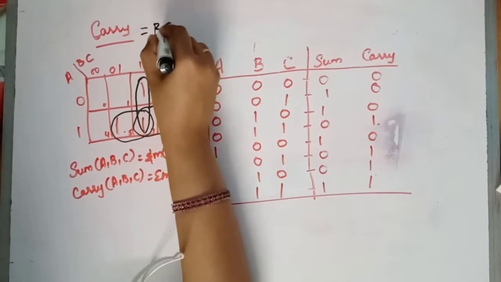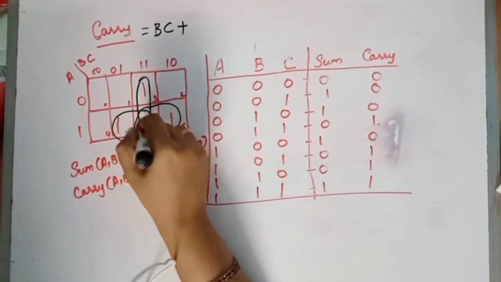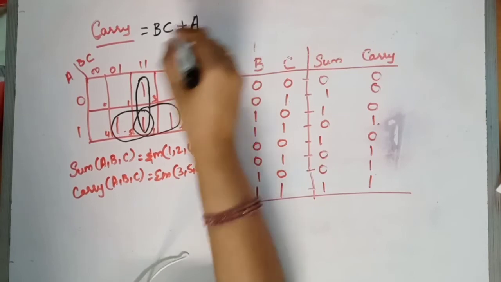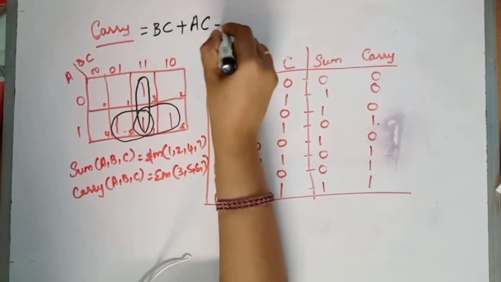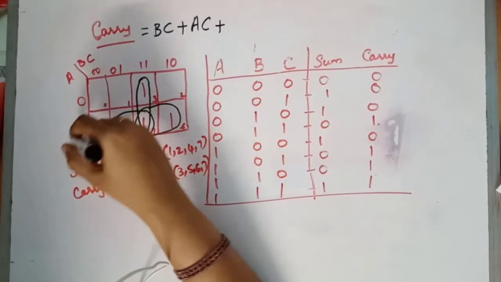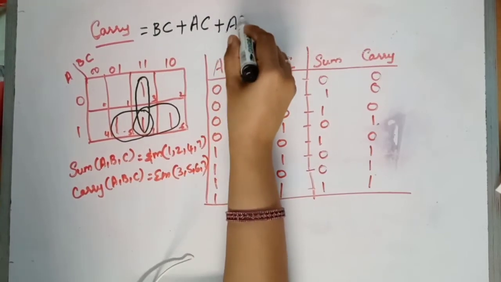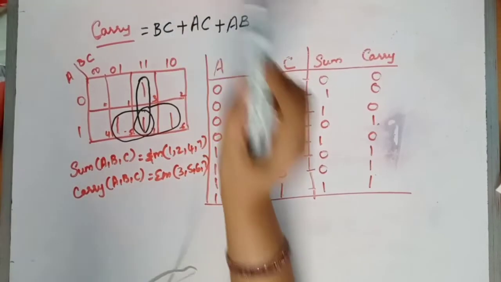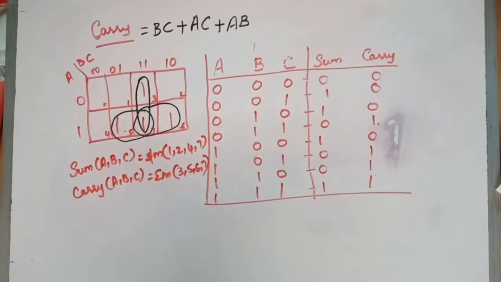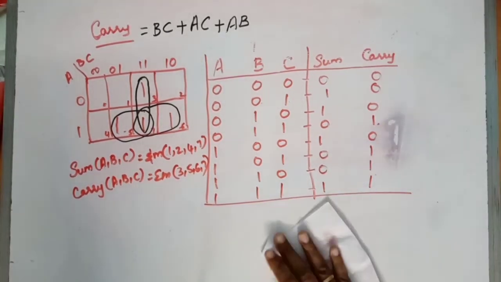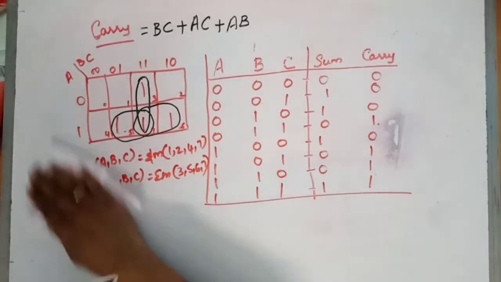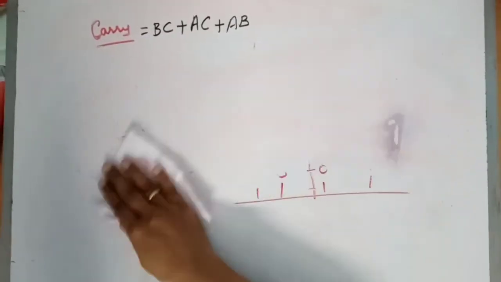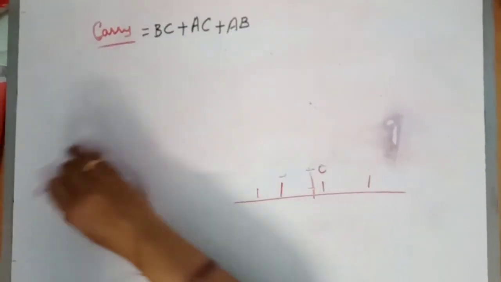BC in SOP. BC plus AC plus AB. That is AB plus BC plus AC. So we got the expression for sum and carry. Next we will draw the circuit.